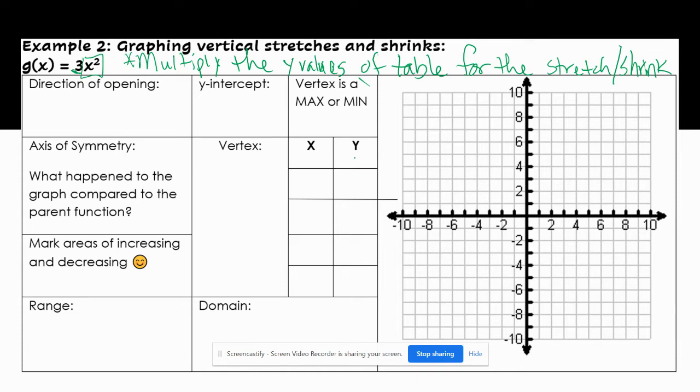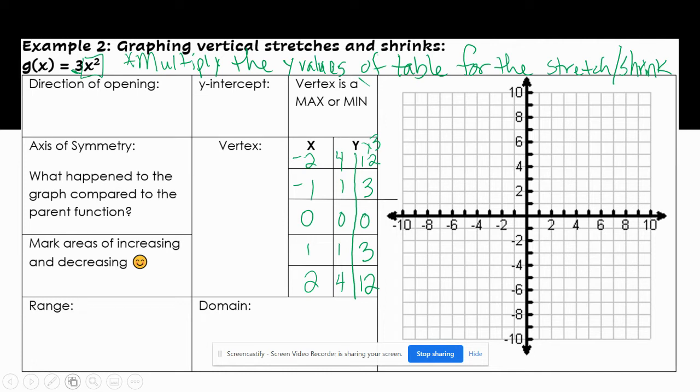So if I start on my xy table, -2, -1, 0, 1, 2, our parent function was 4, 1, 0, 1, 4. So if we multiply those by 3, 4 times 3 is 12, 1 times 3 is 3, 0 times 3 is 0, 1 times 3 is 3, and 4 times 3 is 12.